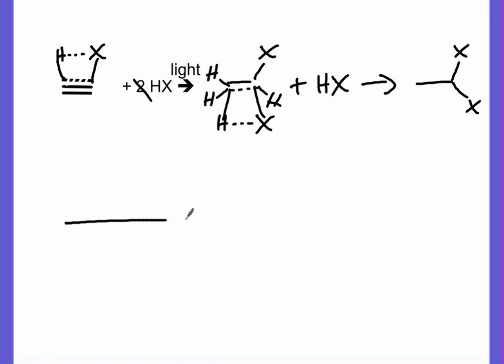So the reason why that would matter is if I had this situation. Let's say I have this alkyne. Right? When I'm adding across that initial double bond, there are 2 different ways that I could do this.